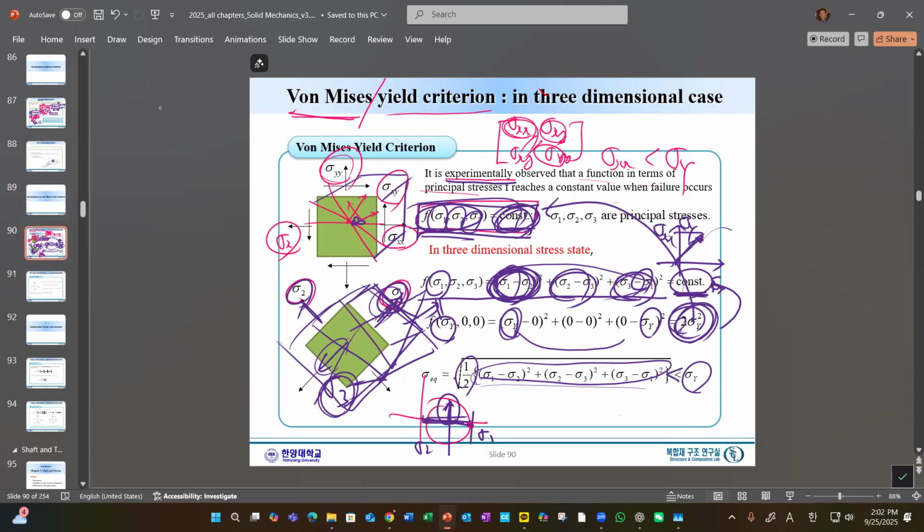Please remember that this should be less than sigma y. This can be very special. Let's call it the equivalent stress. Let's call this the von Mises stress. So the von Mises stress in terms of principal stresses is like this.